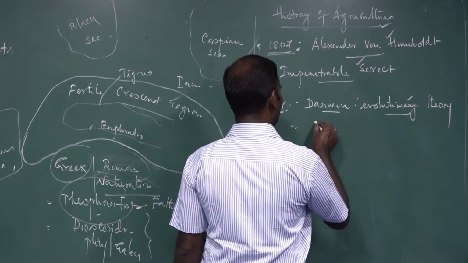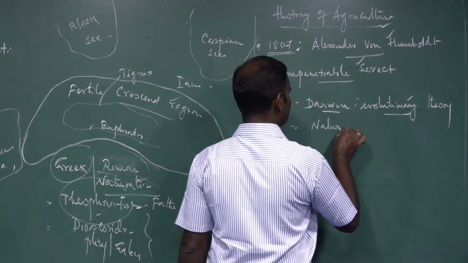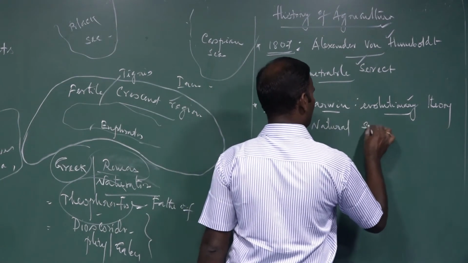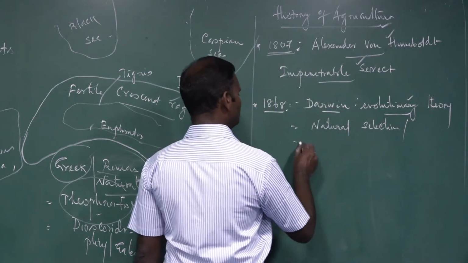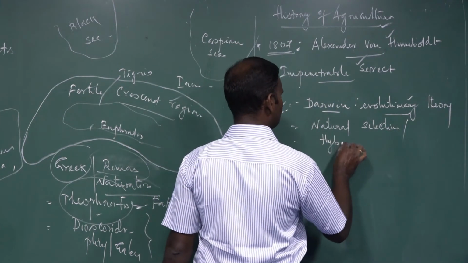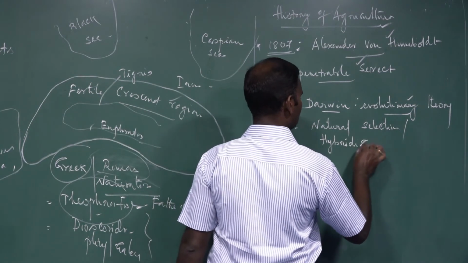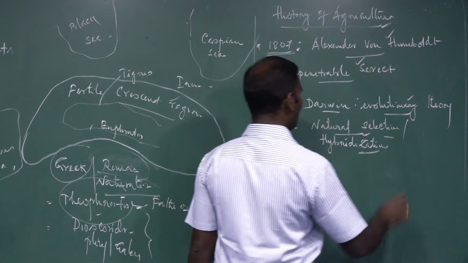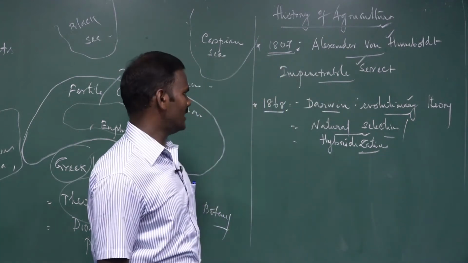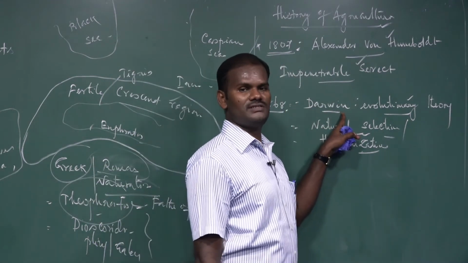One is natural selection. Another one is hybridization. So with the help of these two processes, the plant species came into existence.